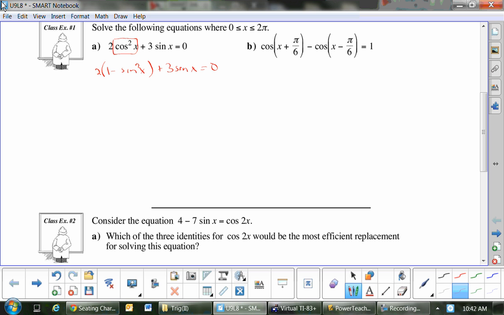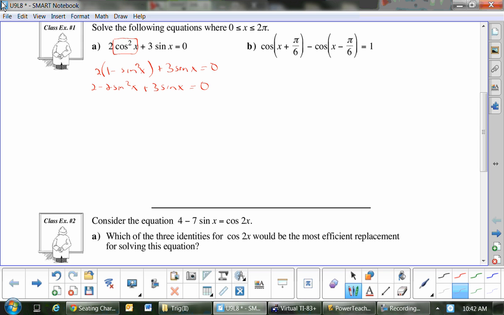You want to multiply that 2 in to get 2 minus 2 sine squared x plus 3 sine x equals 0.